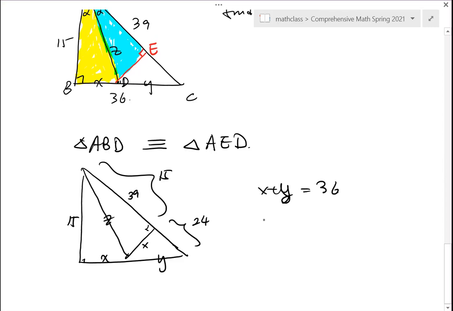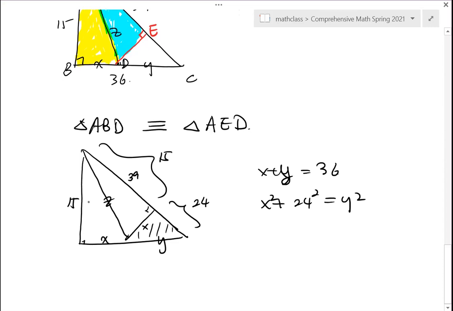That's the first thing. X squared plus 24 squared equals Y squared, applying the Pythagorean theorem to that triangle. Then I also apply the Pythagorean theorem to this triangle, and 15 squared plus X squared should be equal to Z squared.